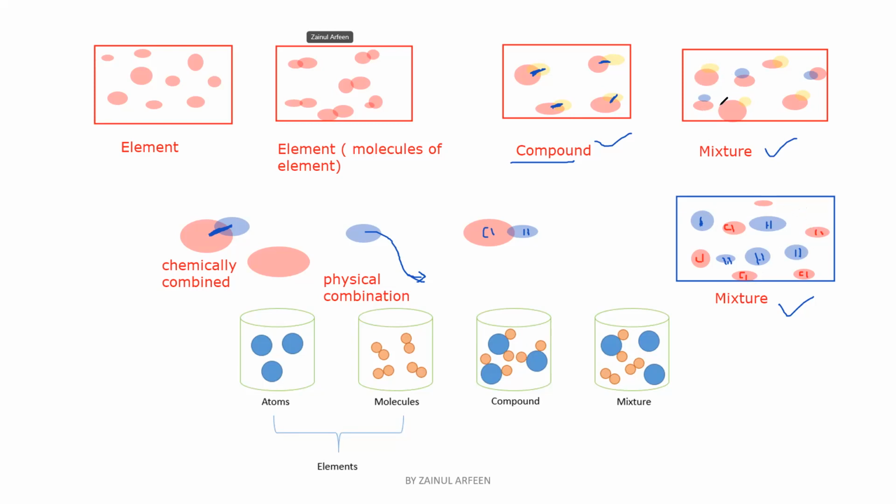The above one is a mixture of compounds. This is a compound, this is a compound, this is a compound. So this is one type of compound and this one is another type of compound. So when two different types of compounds are mixed together, we also call it a mixture. So this is a mixture of elements and this is a mixture of compounds, but both are mixtures. So a mixture can have compounds, and a mixture can have elements.